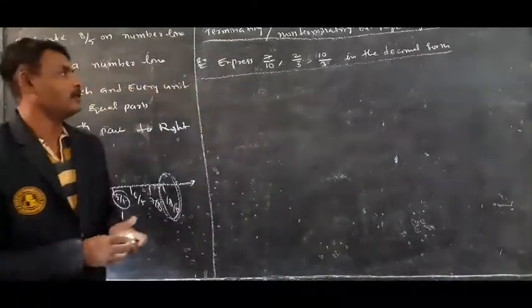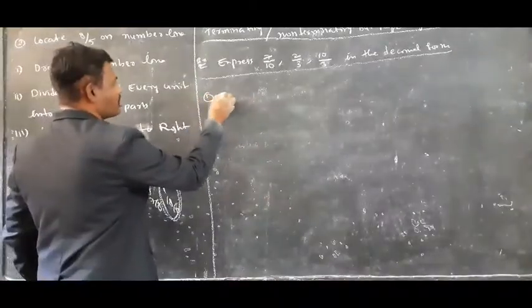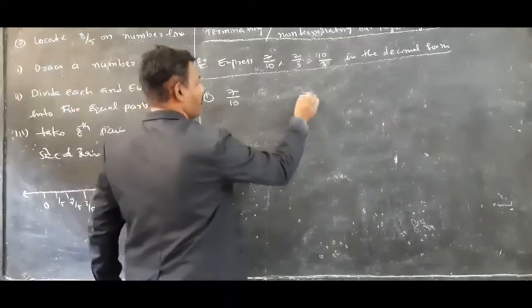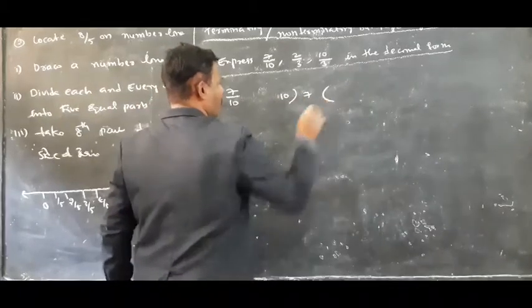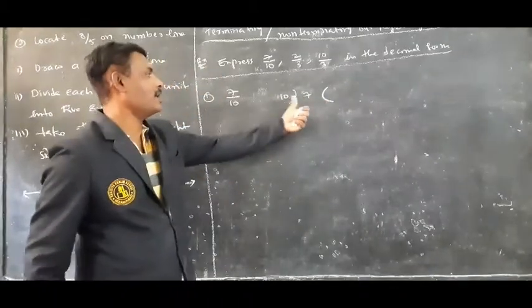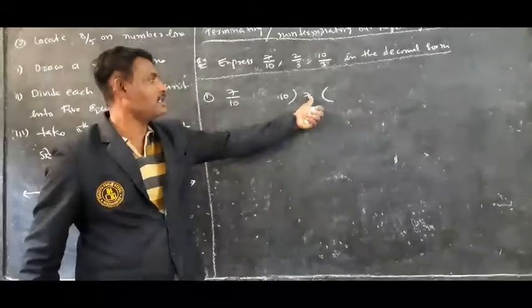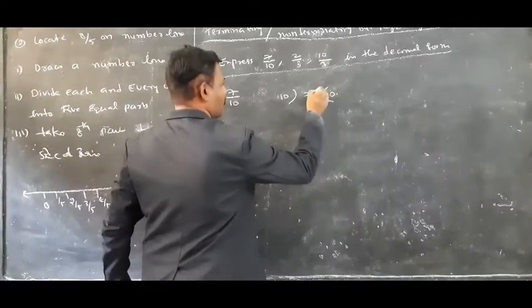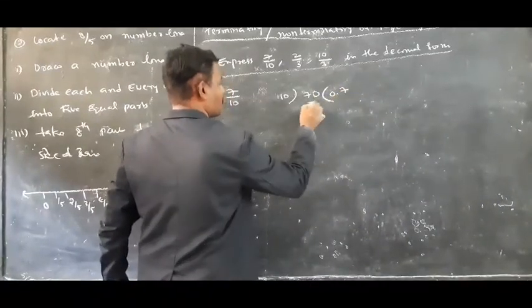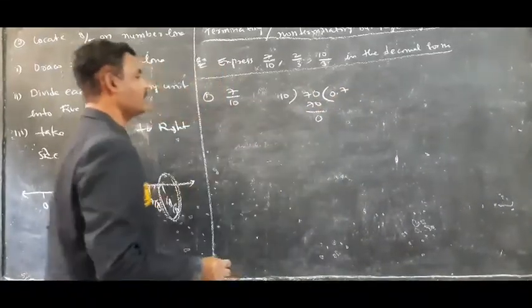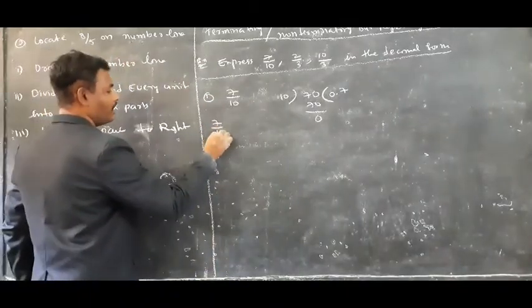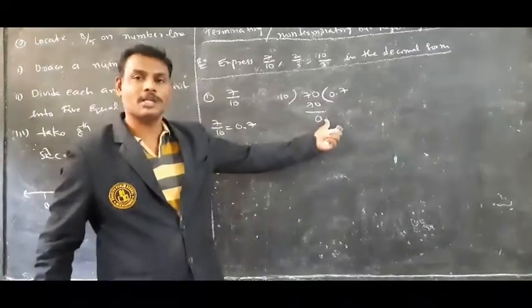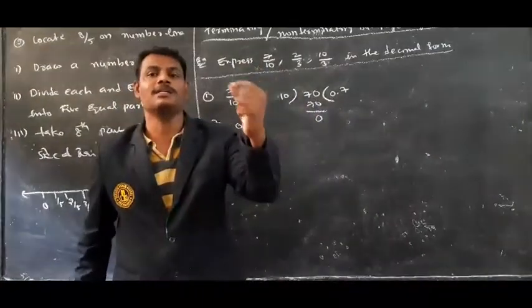The first one, 7 by 10, means divide 7 by 10. 10 is the larger number and 7 is the smaller number, so I am taking a decimal. Keep 0 here; 10 times 7 is 70. 7 by 10 is equal to 0.7. Here the remainder is 0, so it is a terminating decimal.